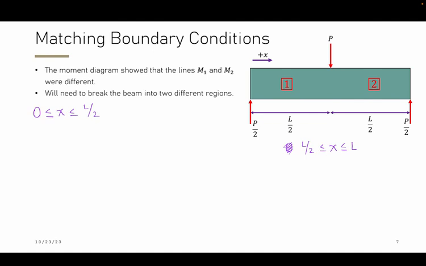If we look at the first side, which is the left side, this is the 0 to x to L over 2 section. So we can cut this beam and look at the free body diagram to get the relationship for the moment equation.